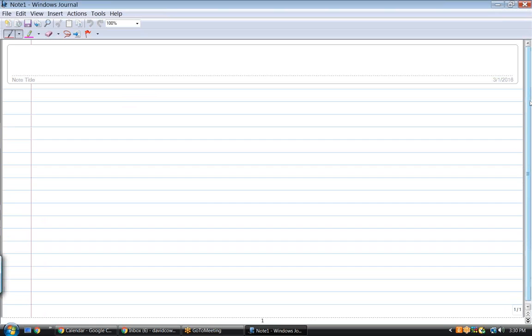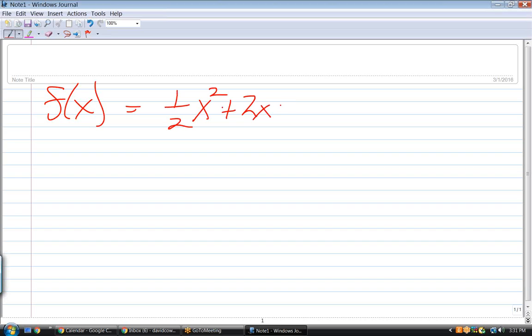Let's see. Okay, so for the piecewise, should I just give you the equation first? Yeah, start from the top left. Okay, so 1/2 x squared plus 2x minus 1, and then x has to be less than -4.